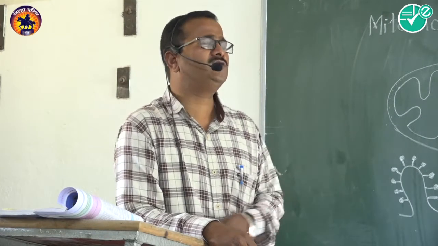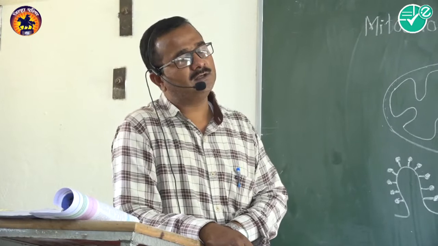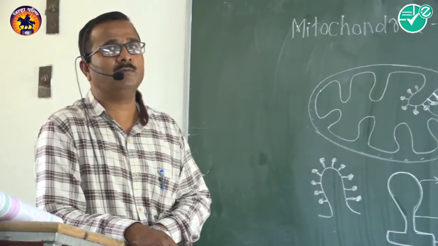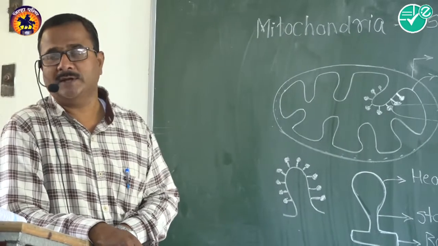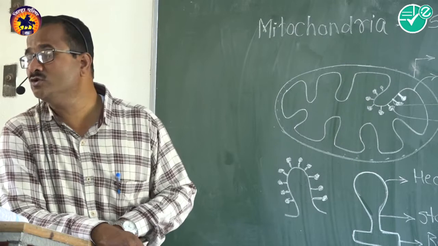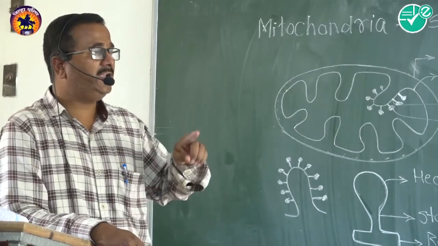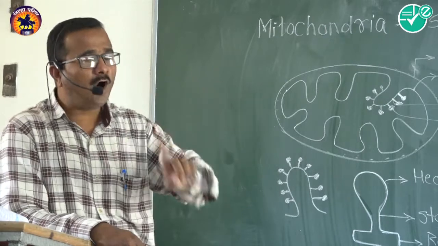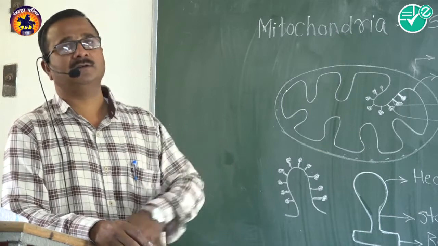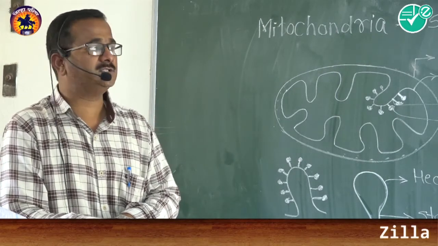We know phosphorylation; we learned in the first topic of physiology, photosynthesis. Phosphorylation means the formation of ATP. Here it is oxidative phosphorylation. Why oxidative phosphorylation? Because here the ATP is formed due to oxidation, because respiration is an oxidative process.